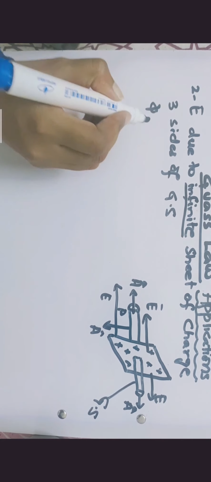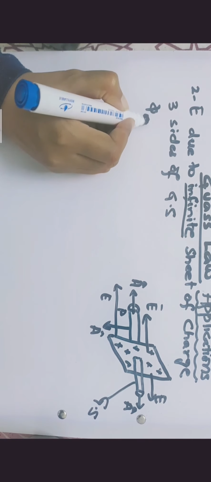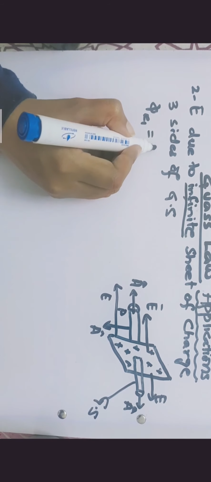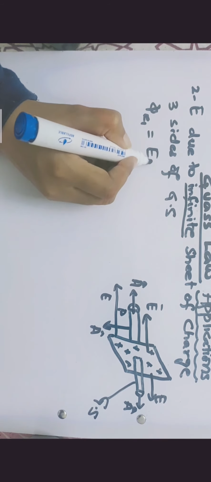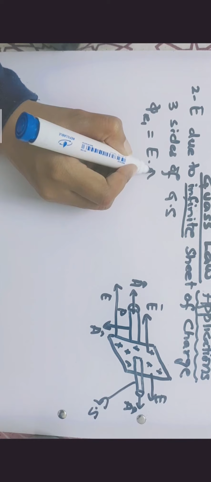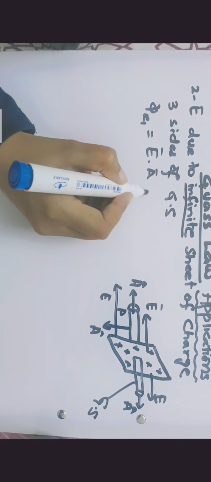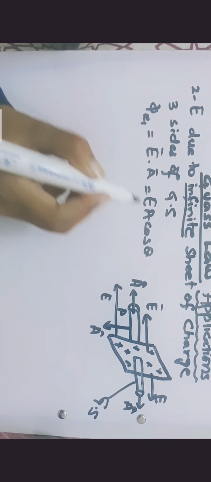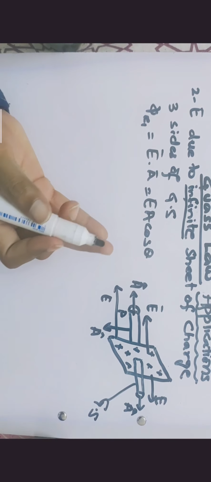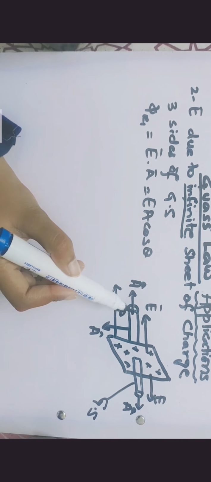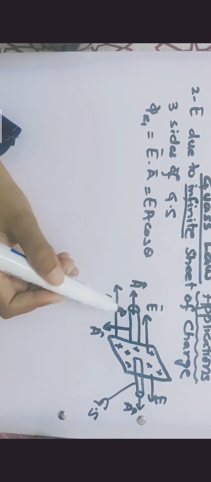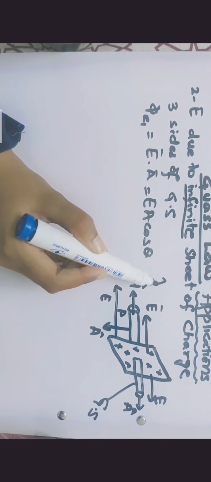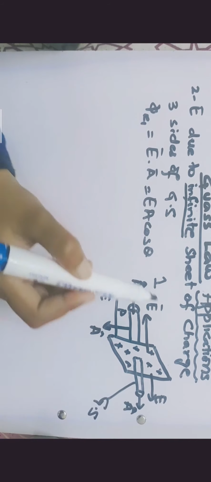For the first side, phi E1 would be E dot A, which is EA cos theta. Now the question arises, what would be the value of theta? On this particular end face we have drawn a normal, for side 1, and this is side 2.